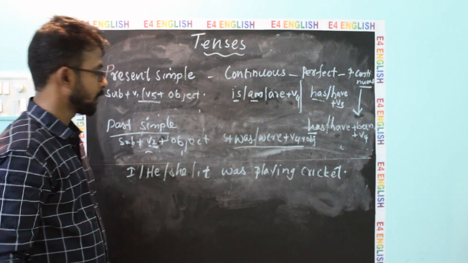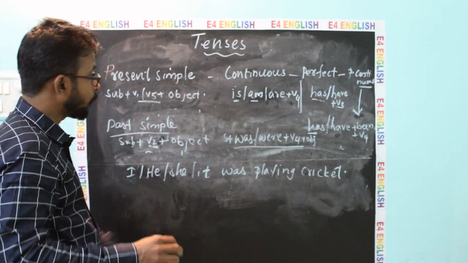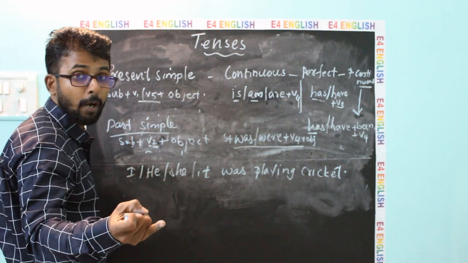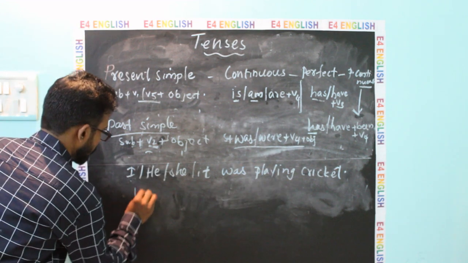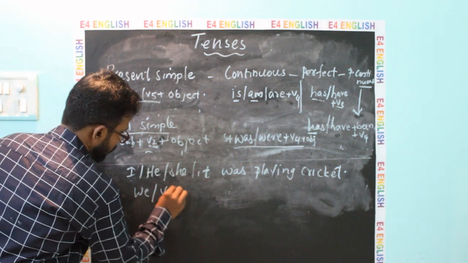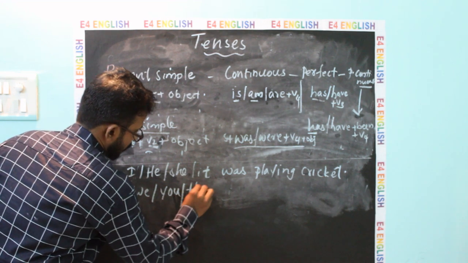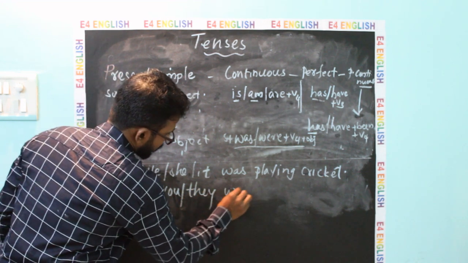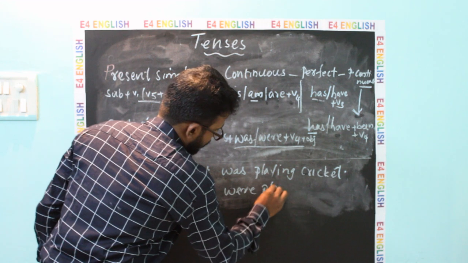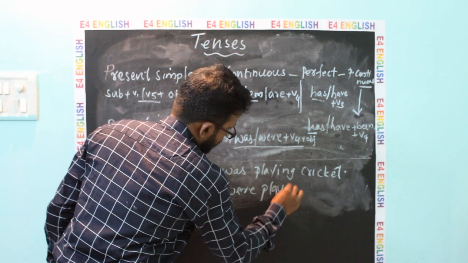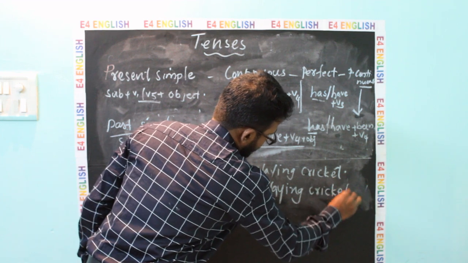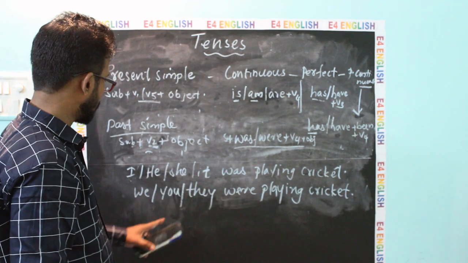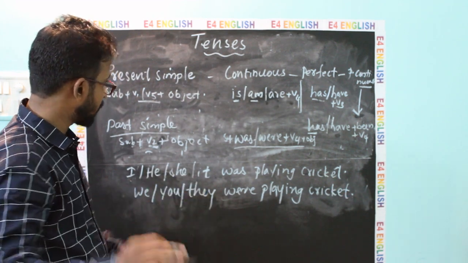Got it? Okay, so remaining we, you, they. That means all the plurals. With these subjects we will use were. Okay, so now you might have understood.